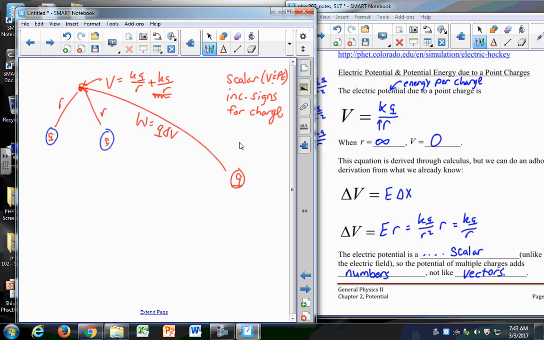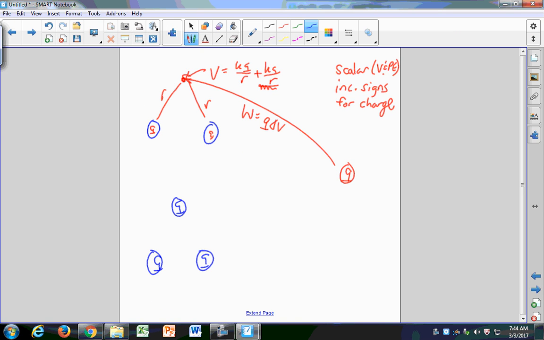But then also, when I get three charges, say Q, Q, and Q, we did this for masses as well back in chapter 0, but I want to know how to find the potential energy due to these three charges. And I want you to remember that you have three potential energies.